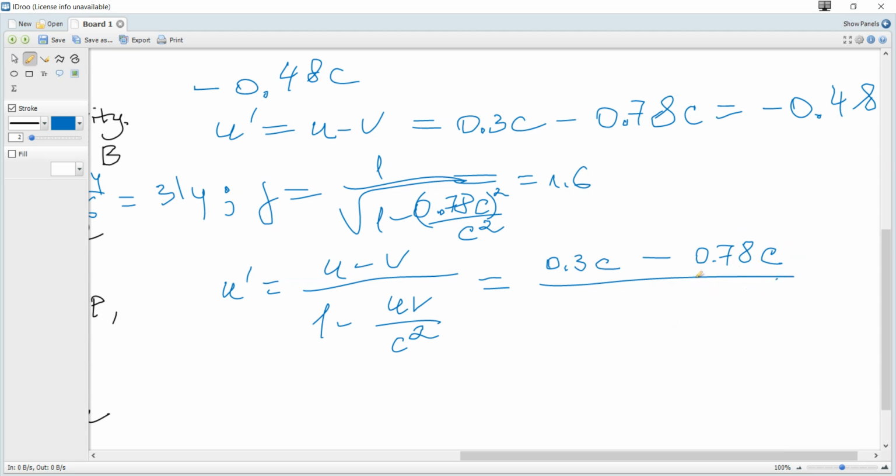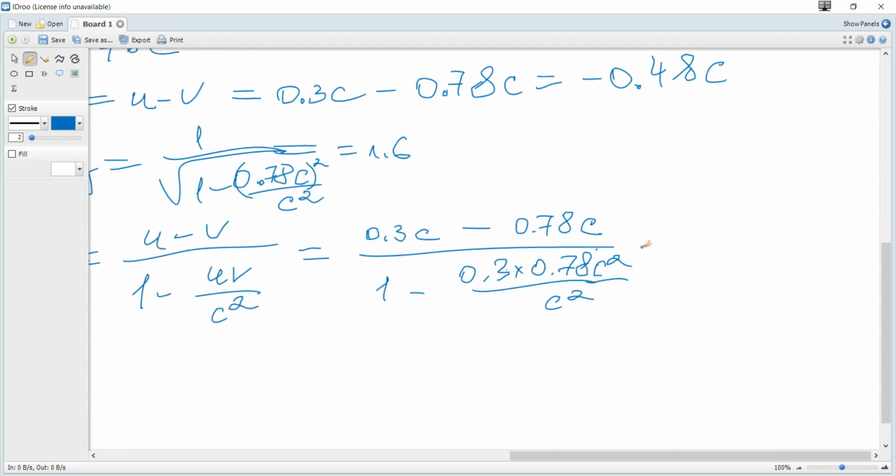In general it may also be negative. Notice that it's the same as for the Galilean, but for special relativity the denominator arises and it becomes 1 minus 0.3 times 0.78, with c squared over c squared, and it becomes minus 0.63 c.